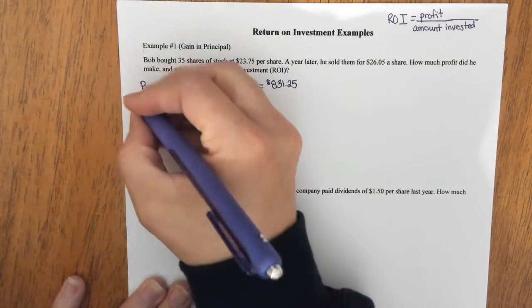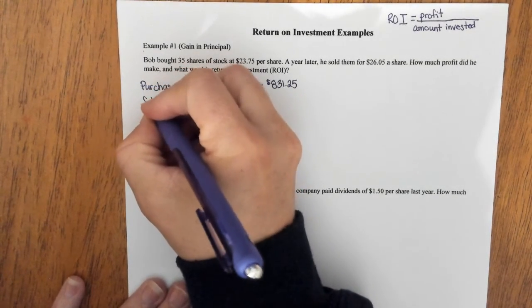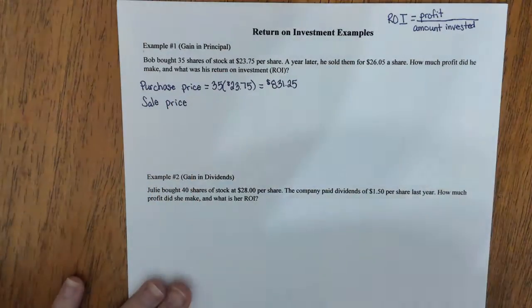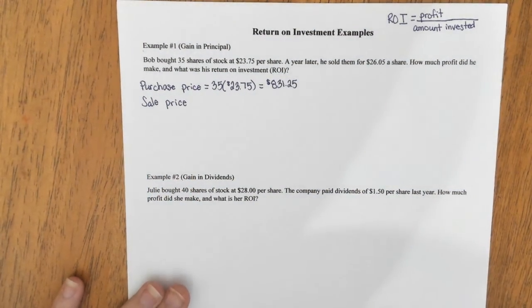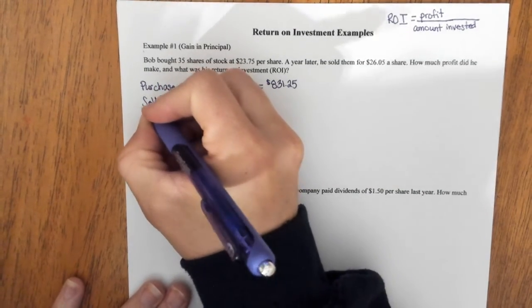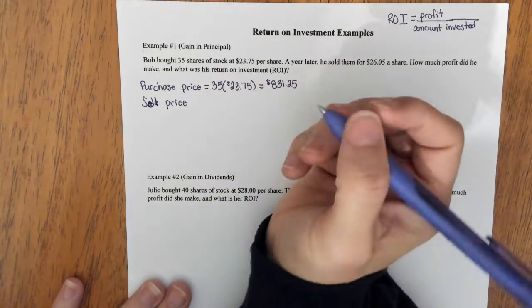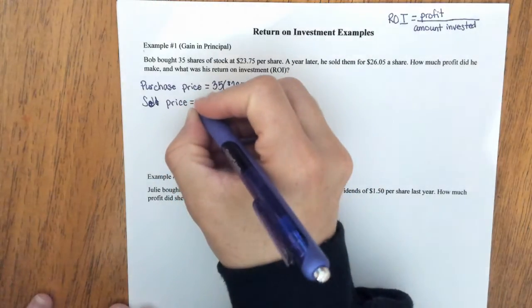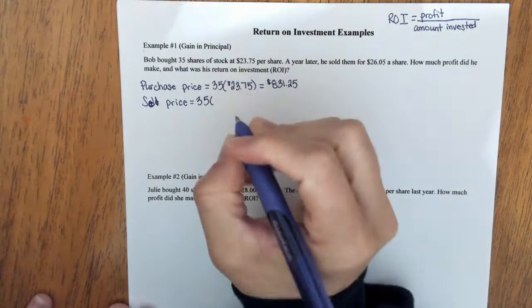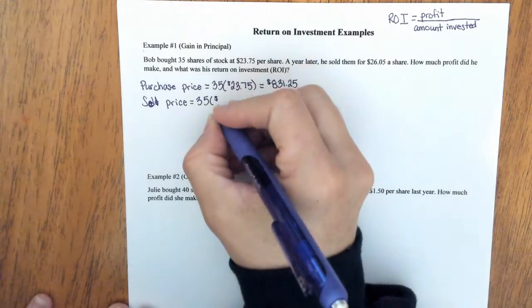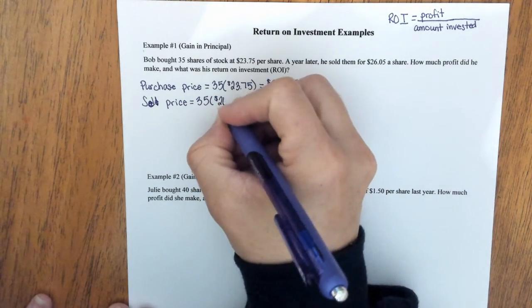His sell price, that should be the other kind of sell, S-E-L-L, because he sold them. So his sell price is going to be 35 times 26.05.